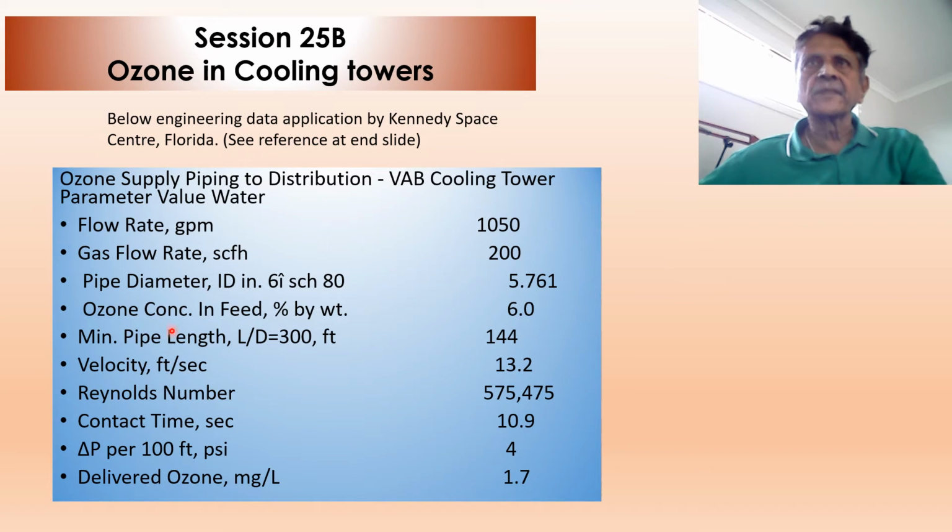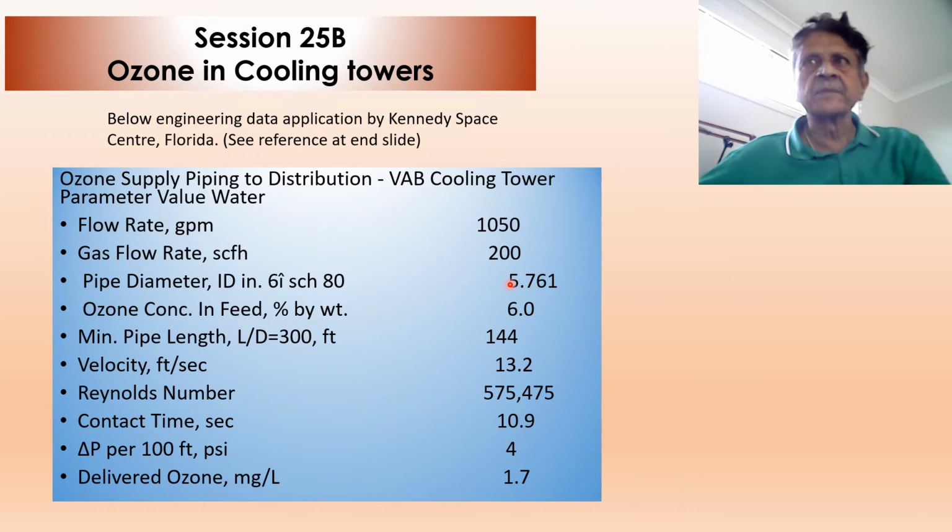This is a chart or table for the data application in the Kennedy Space Center on the ozone treatment of the cooling towers. They had a flow rate of 1,000 gallons per minute or 200 SCFH.